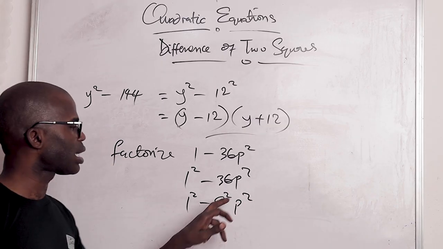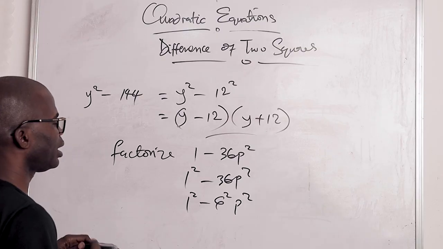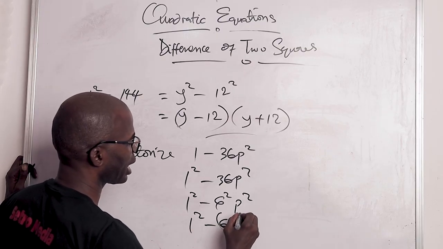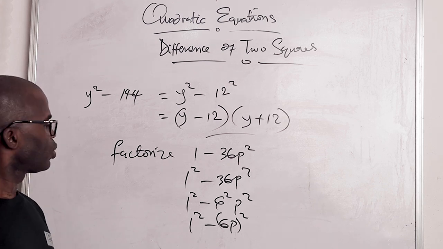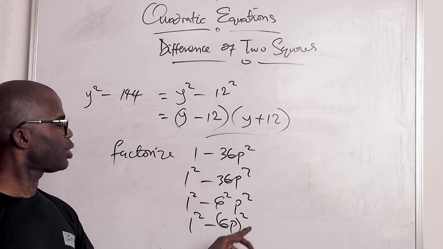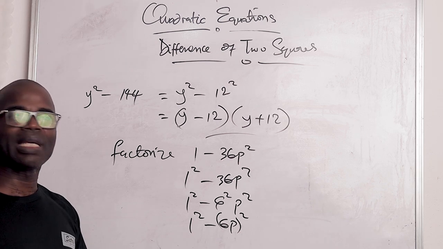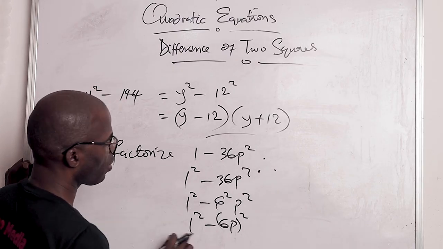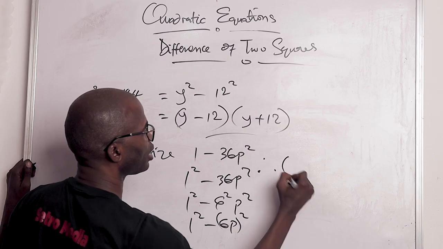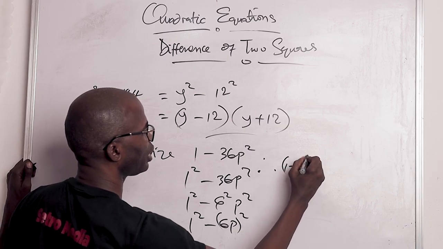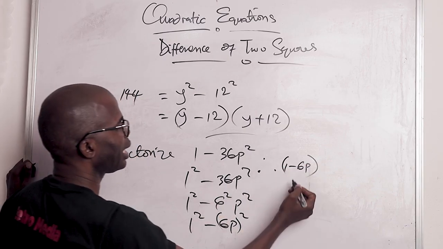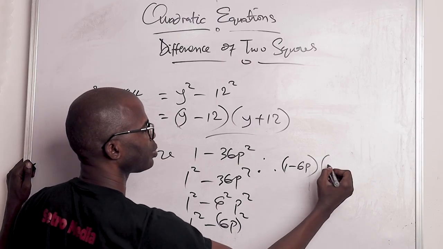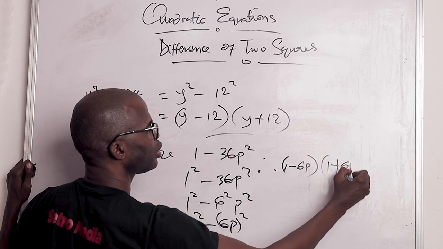So definitely what this means is 1 squared minus 6 squared and p squared, because 6 times 6 is 36. So it's the same thing as saying 1 squared minus (6p) squared. So once I have this, I've gotten the answer. The first bracket is 1 minus 6p, then, since I have minus here, the next one will be positive, 1 plus 6p.